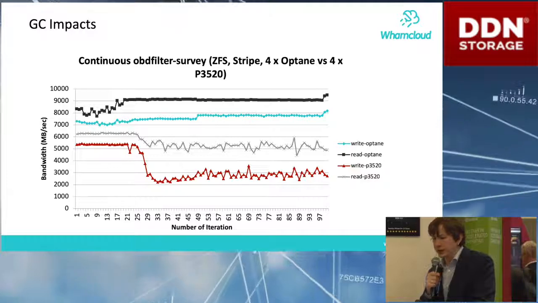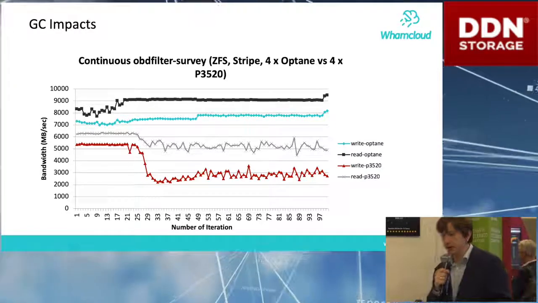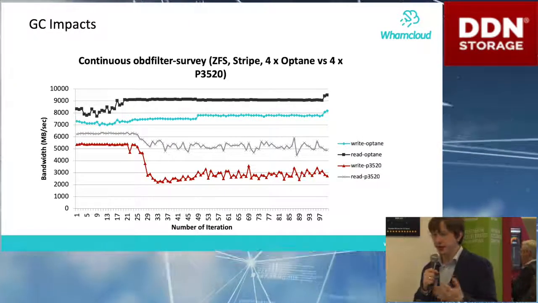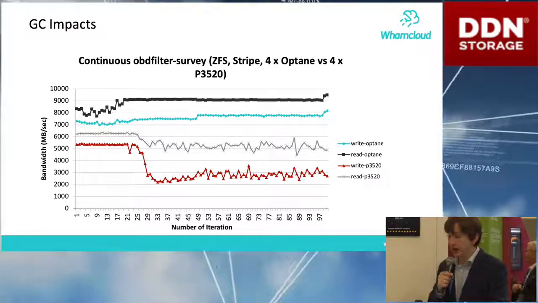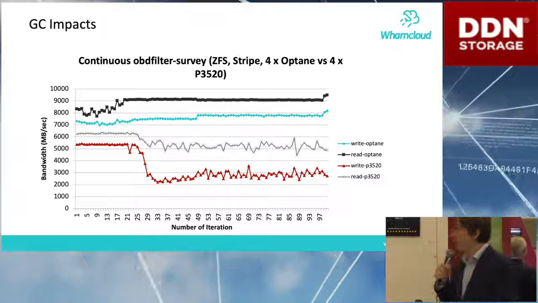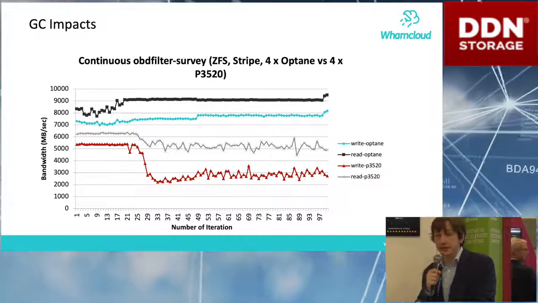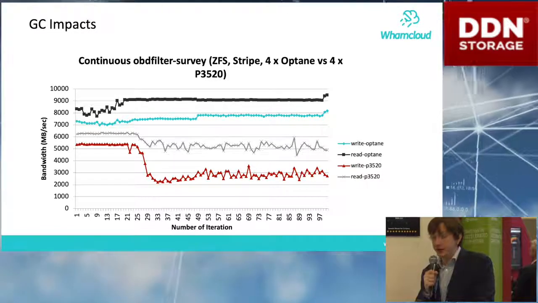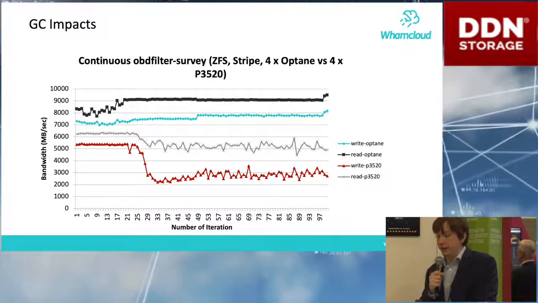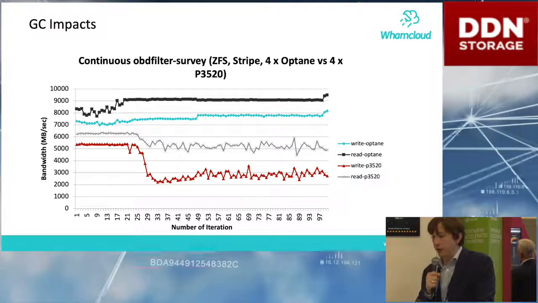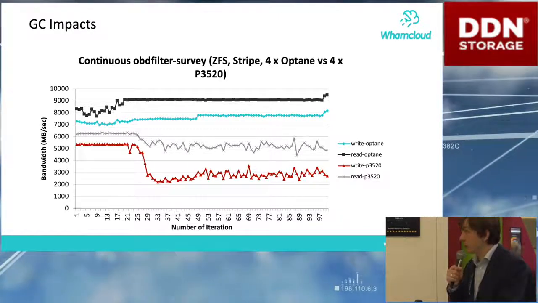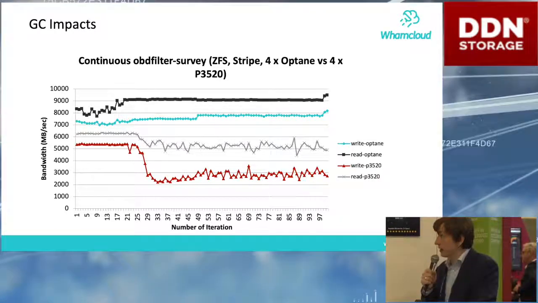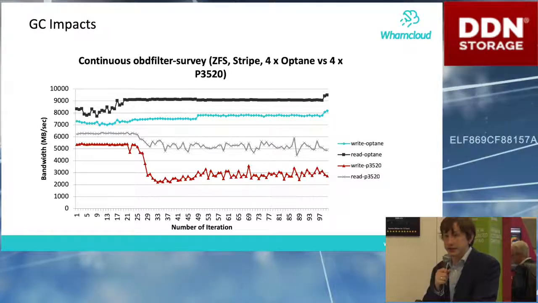So what you may see here, there are 4 lines. There are 2 tests, reads and write tests. There's a line for the read test, a line for the write test, and both top lines are performance numbers for Optane SSDs, 4 of them under ZFS configuration, so 4 reads and 4 writes. And the 2 bottom lines are basically the same workload, 4 drives on ZFS but NAND-based SSDs.